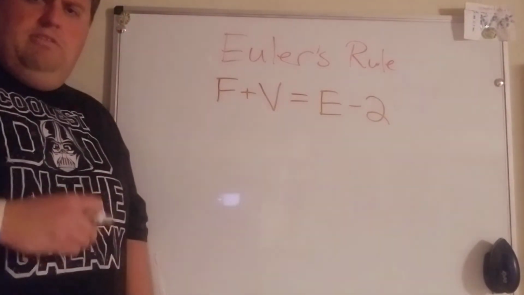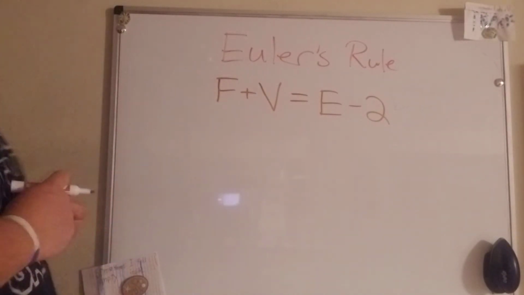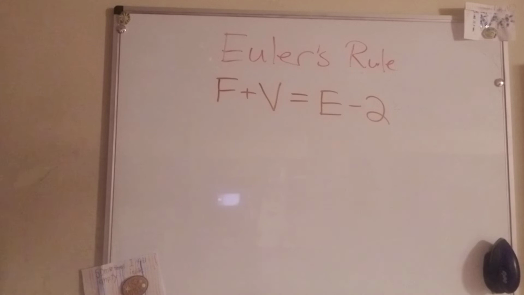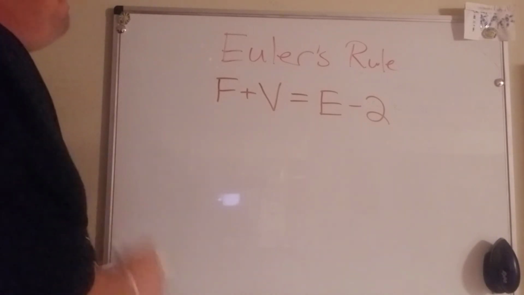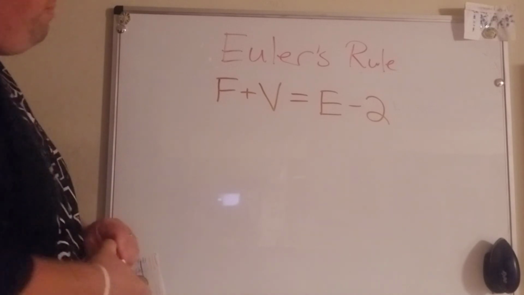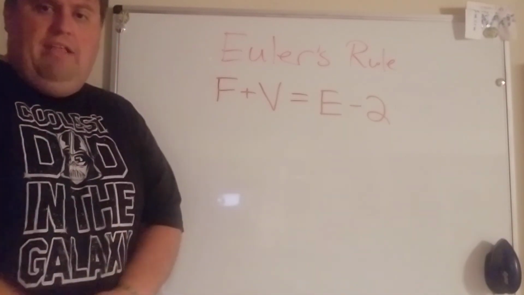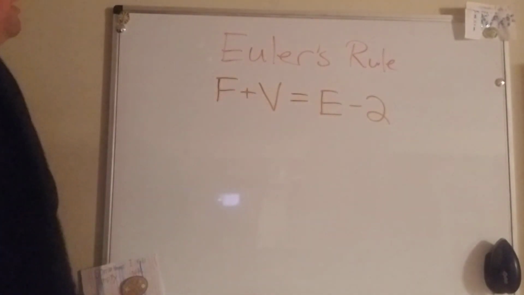So the faces plus the vertices equals edges minus 2. All right. And that's kind of cool. I don't know if you can scroll back on the YouTube feed and look at the last example we had and be like, oh yeah, that totally makes sense with this one.